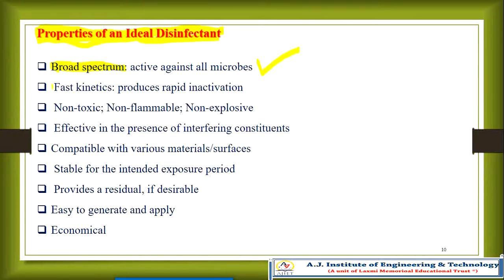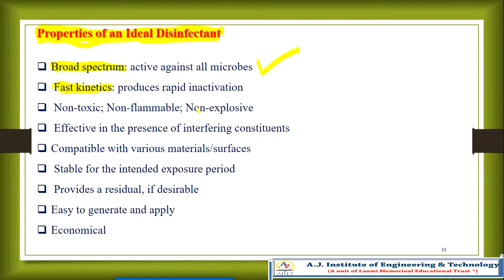Fast kinetics, which produces rapid inactivation. That is a major criterion: rapid inactivation is a property of an ideal disinfectant.